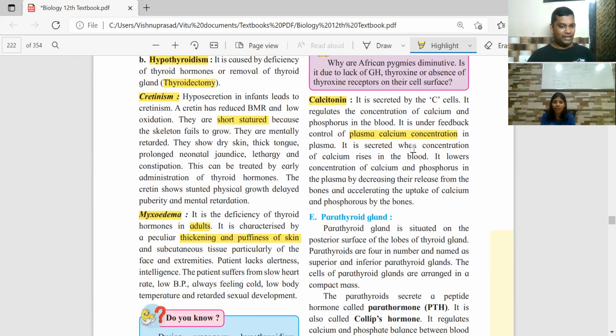At the same time, it will also stimulate the bones to not give more calcium to the blood. So the plasma calcium concentration is maintained this way.